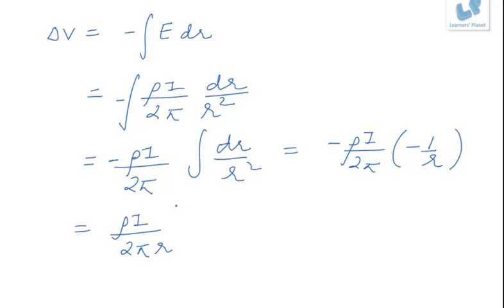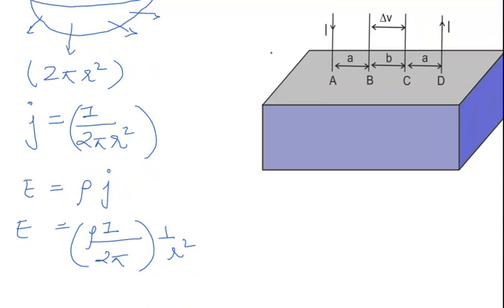Now we have to put the limits. Now from point B to C, if you assume one hemisphere of radius a, and then you assume another hemisphere of radius a plus b, because this distance will be a plus b.